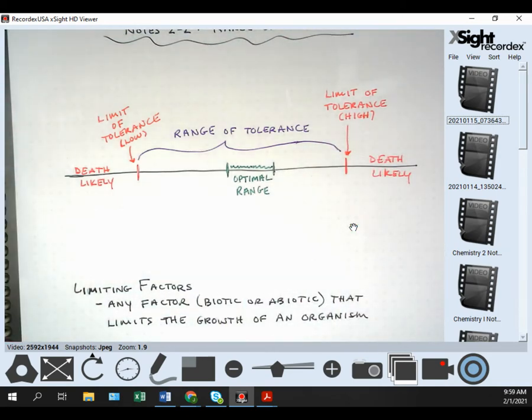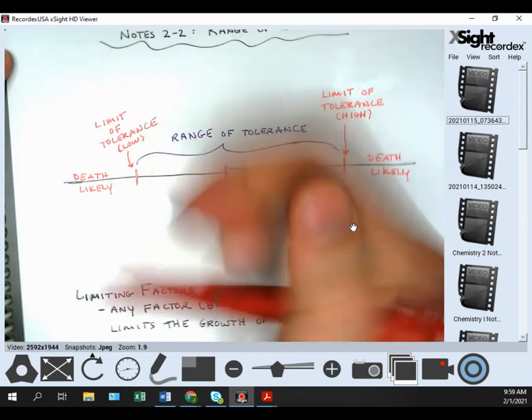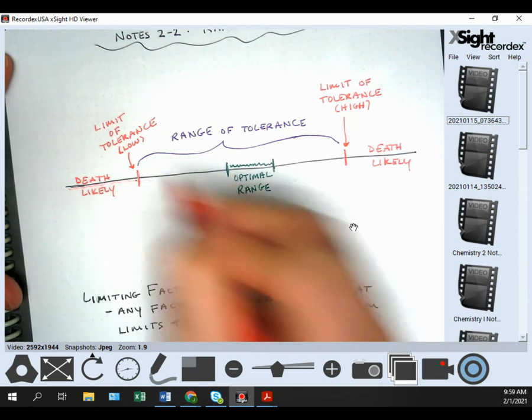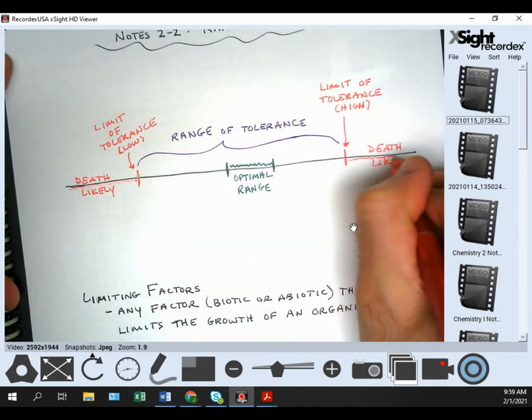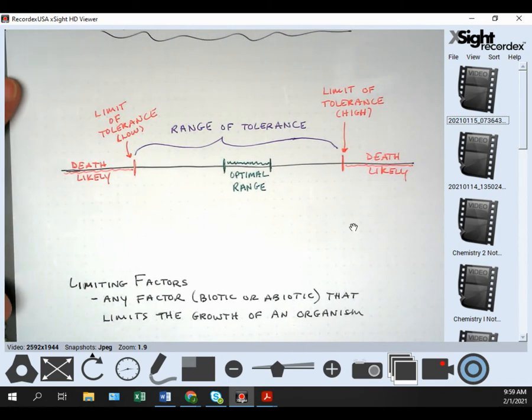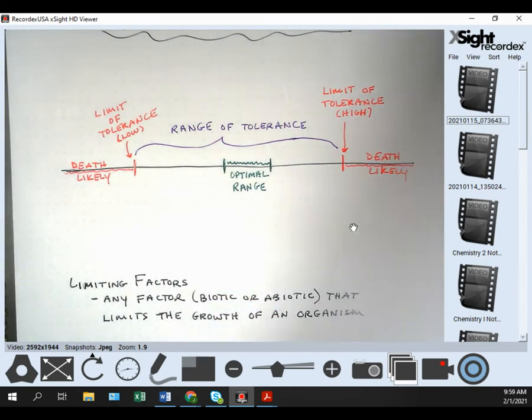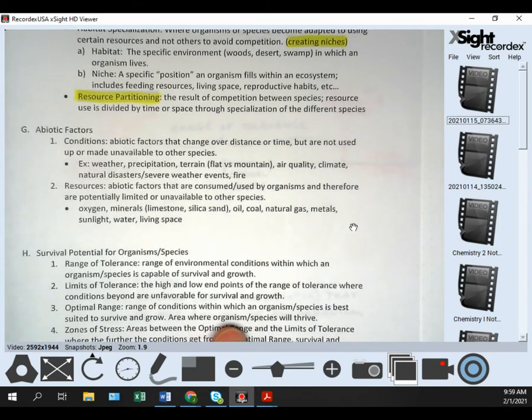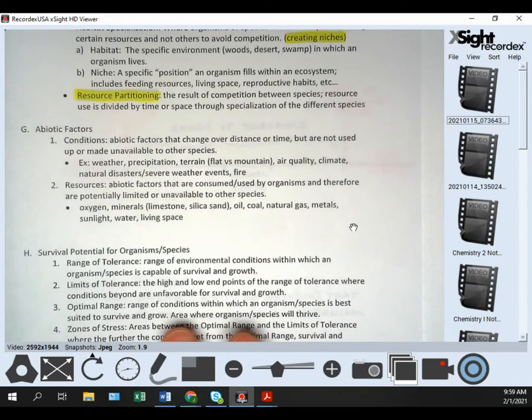Okay, so out here you've got death likely, right? The optimal range is somewhere in the middle where the conditions, as it says in your notes here, are best suited for the organism or species to survive and grow. It's the area where the species or organism will thrive.